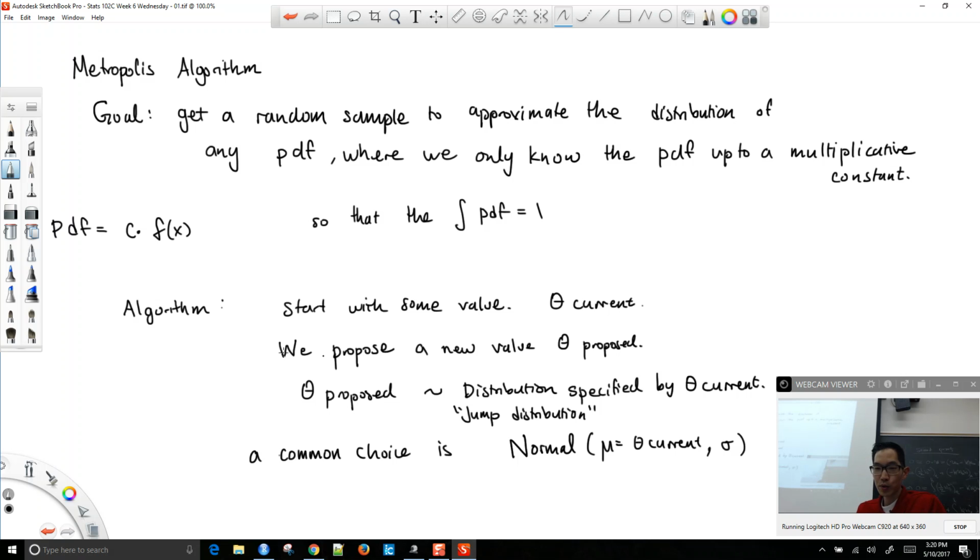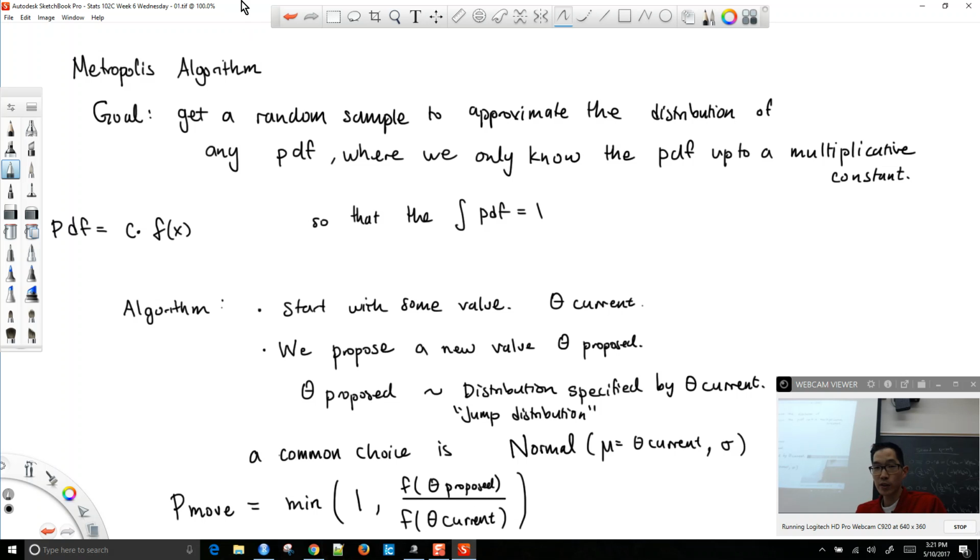So we propose a new value, theta proposed, and then we find the probability of moving. The probability of moving is the minimum between 1 and f of the proposed value, basically the value of the PDF up to a constant at the proposed location versus the value of the PDF up to a multiplicative constant at the current location.